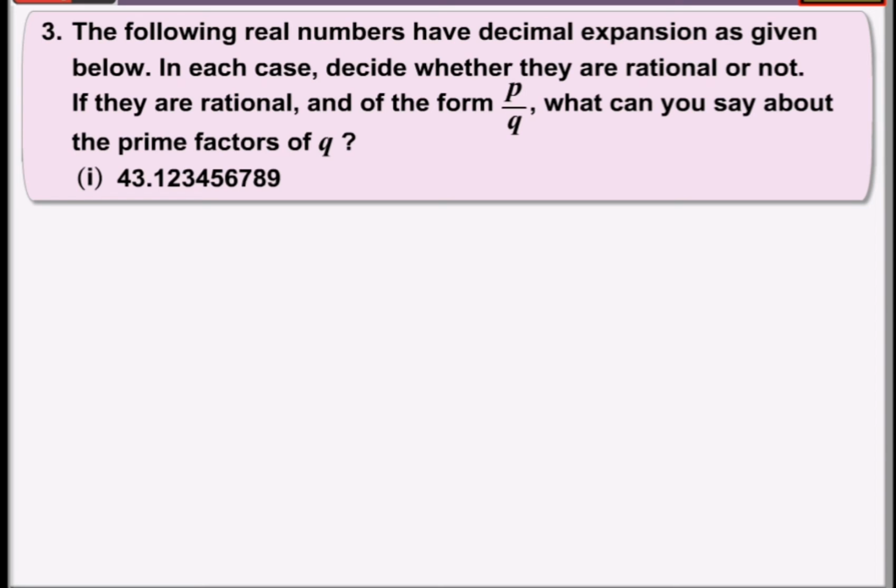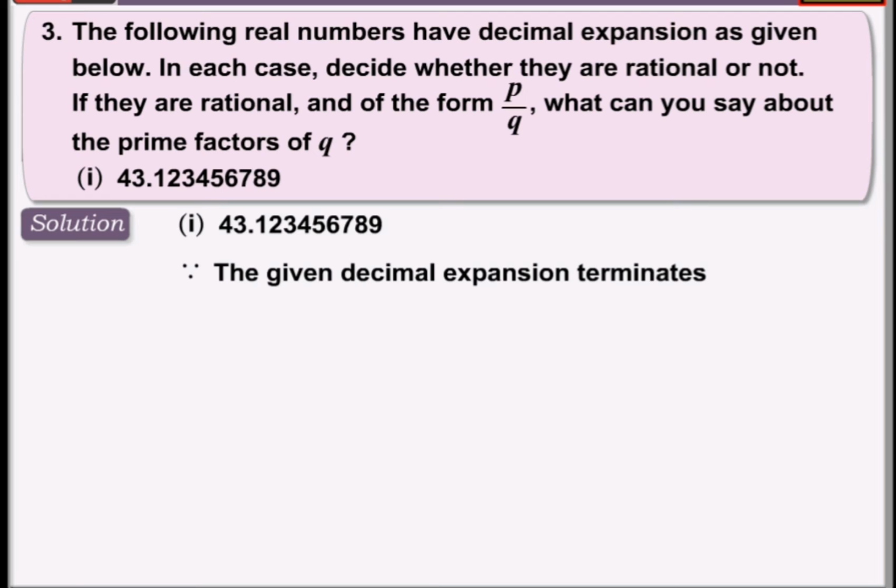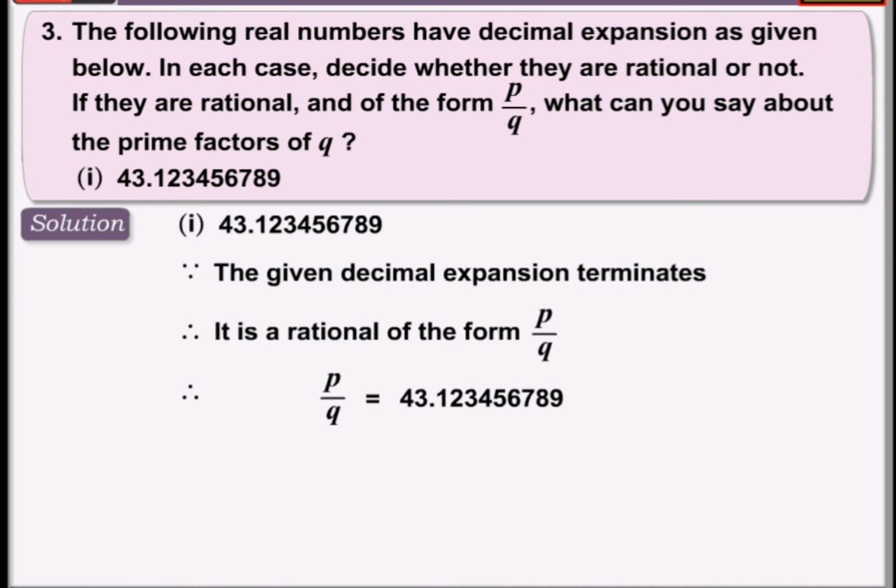43.12345678. Solution. Now here we have 43.12345678. Since the given decimal expansion terminates, therefore it is a rational of the form P upon Q. So P upon Q is equal to 43.12345678.